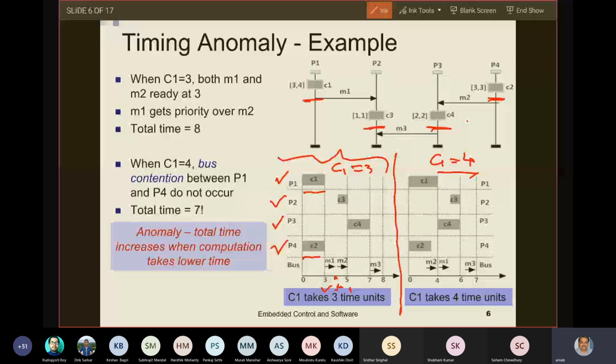However, task C4 on P3 can only start after M2 reaches processor P3, and that happens at time 5. So C4 starts executing on processor P3 at time 5, and it takes 2 units of time, so it completes at time 7. After C4 completes, the message is generated, and the whole thing completes.